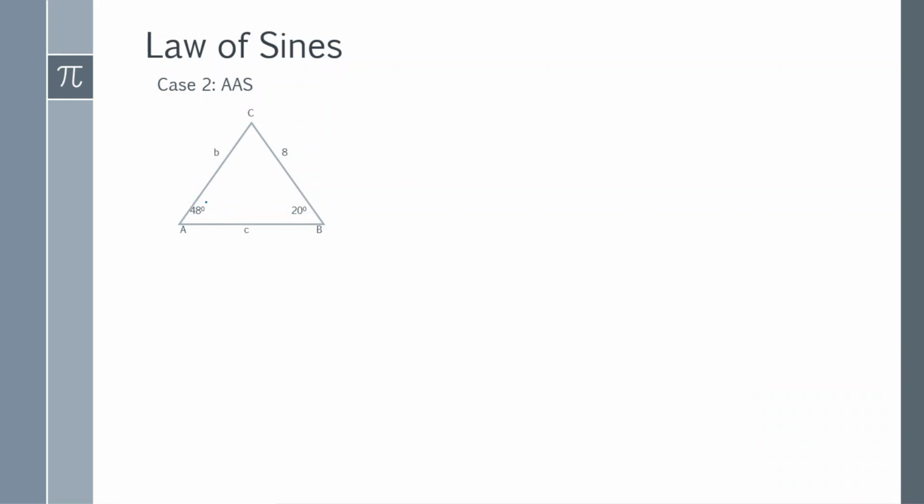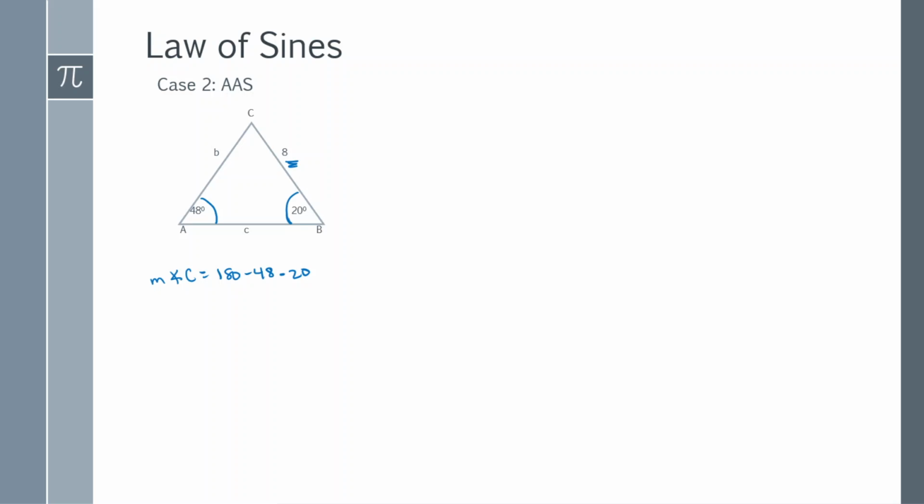Now this one is angle, angle, side. So I know two angles, but the side that I know is not between them. Well, let's see if that works. First of all, again, we know we can find angle C. The measure of angle C is going to equal 180 minus 48 minus 20.